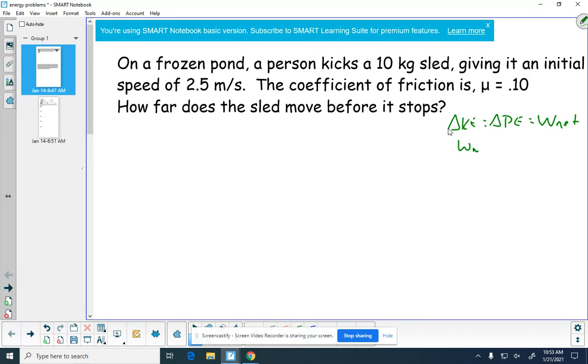Our work net is equal to force net times displacement. Our net force is equal to mass times acceleration. These are all things that we have gone through and continue to go through.